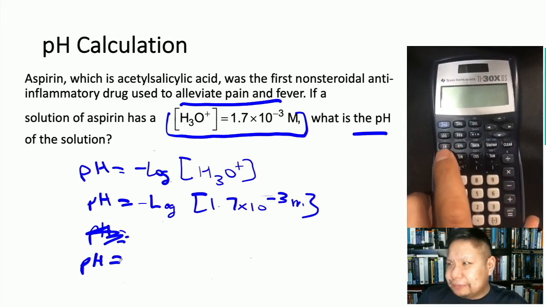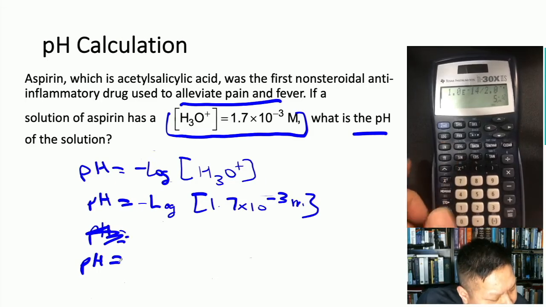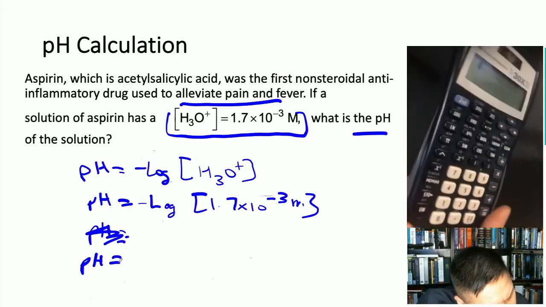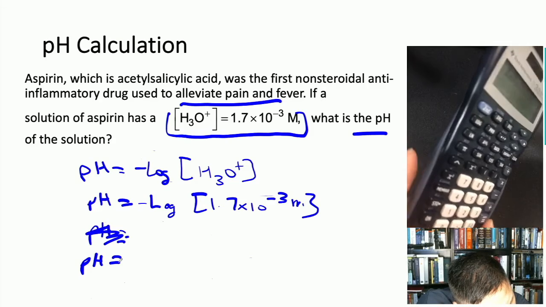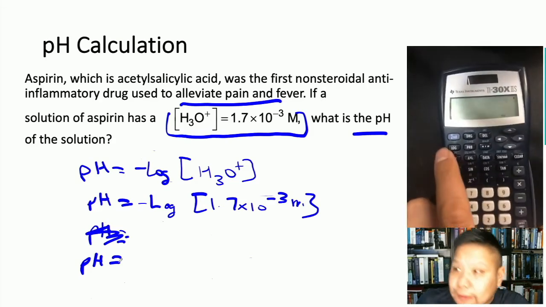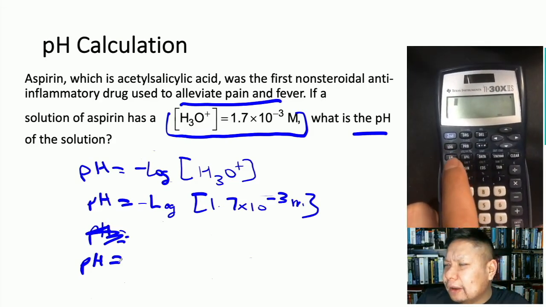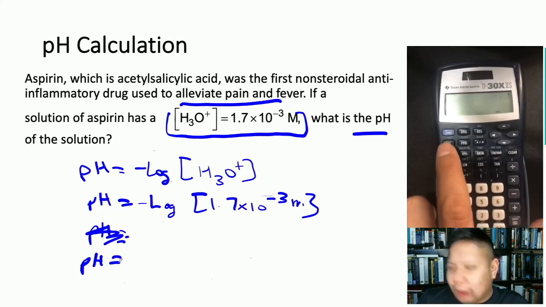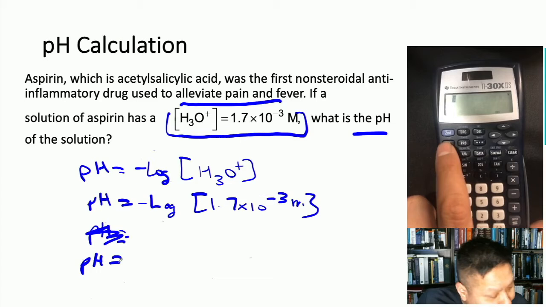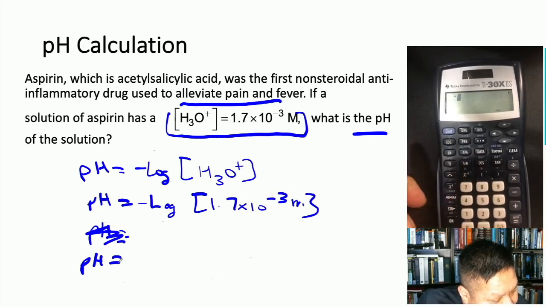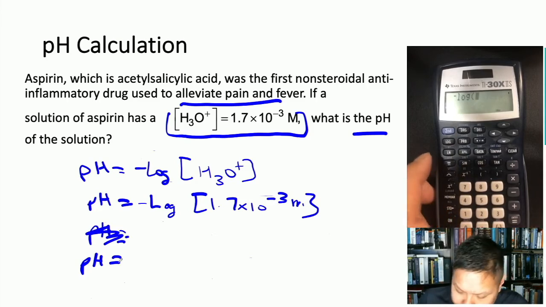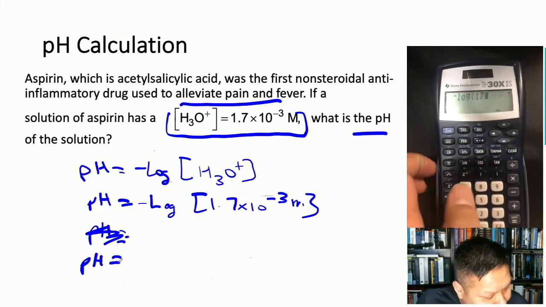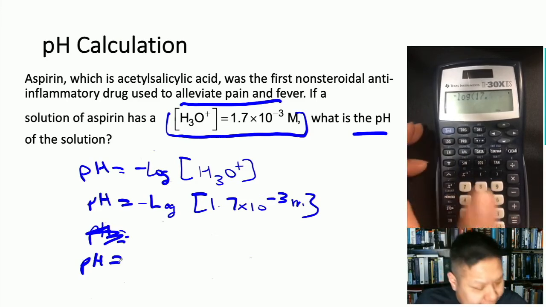There's log, and then there's ln, which is natural log. So you want to do log, the regular log. So really easy. You do negative log like that, and then you just put in the concentration of hydronium, 1.7. Oops, not 17. Can't do those mistypes.